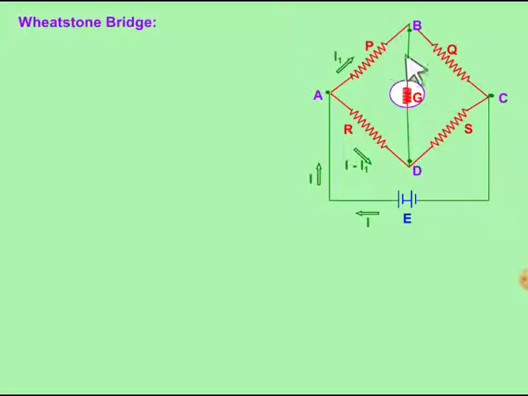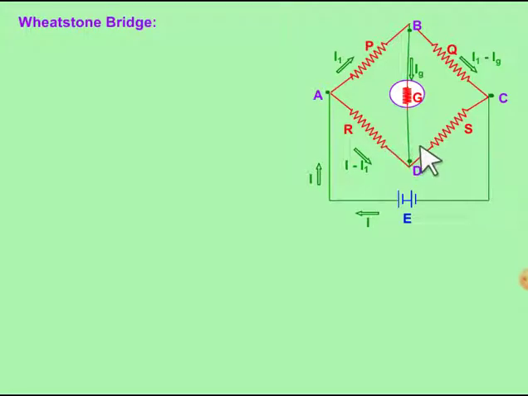So these are the four resistors, P, Q, R, S, forming the sides of a quadrilateral. If the potentials at the opposite vertices are the same, then the ratio of the resistances on one side will be equal to the ratio of the resistances on the other side.